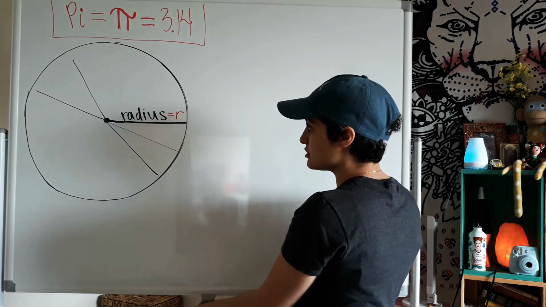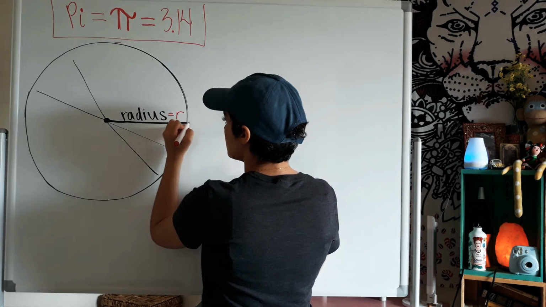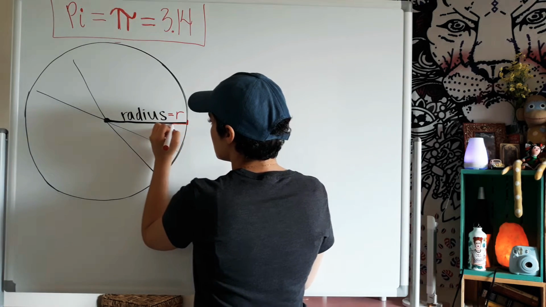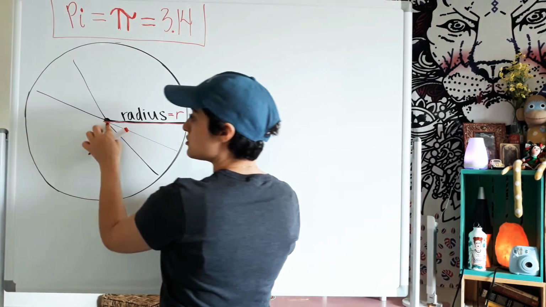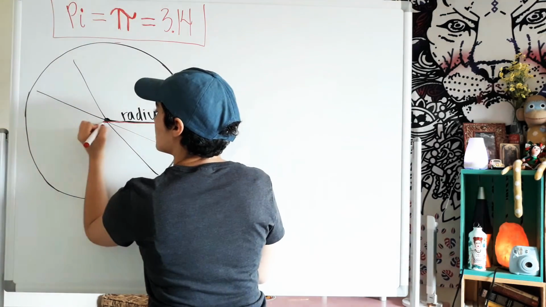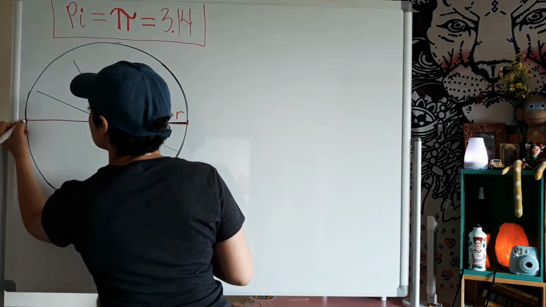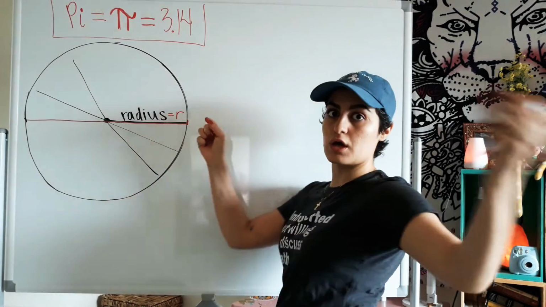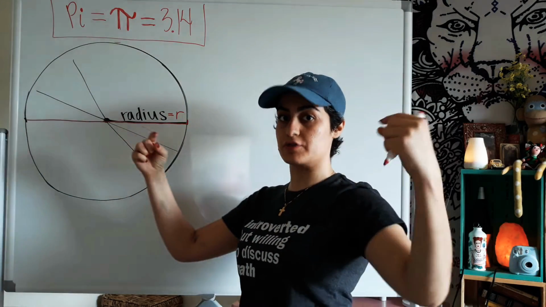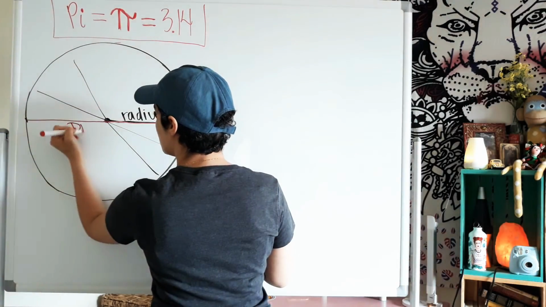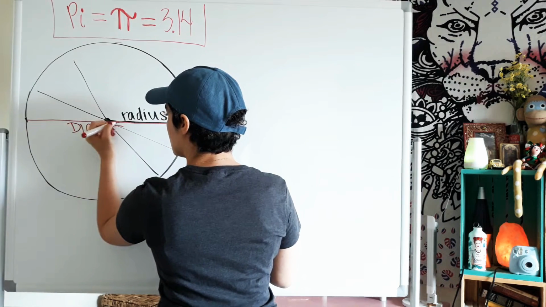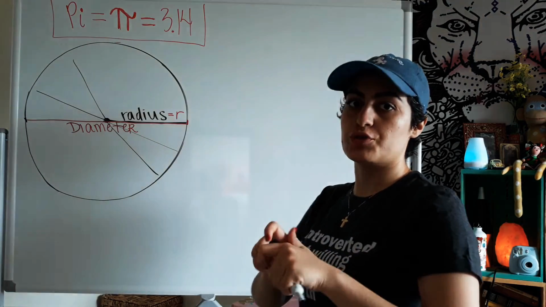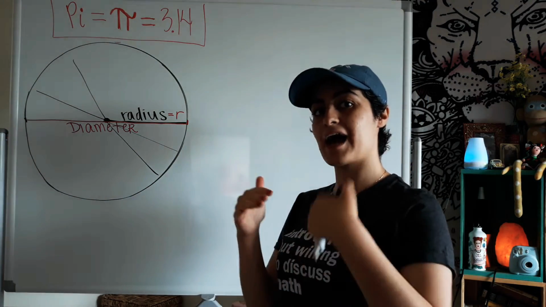Now, if I drew a line from one end, cuts through the middle, cuts through the center, all the way to the other end, this whole line, the widest part of the circle, is called a diameter. So the radius is always half of the diameter.